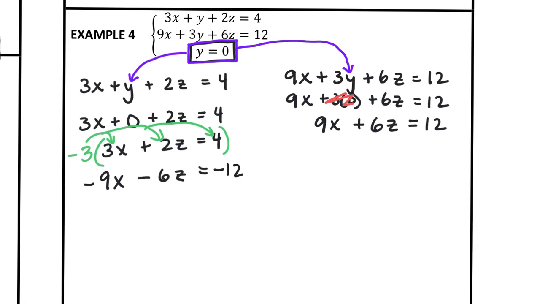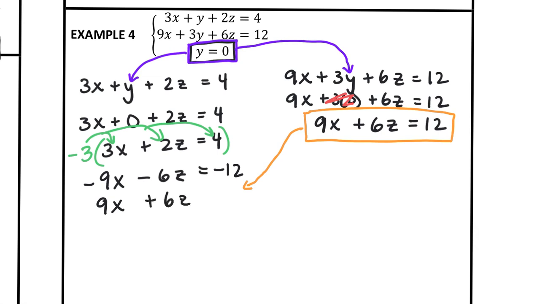Okay, so following the pattern we've been doing, we've been taking the equation on the right and putting it under the equation on the left. So I'm going to copy the 9x, copy the 6z on the right, and equals 12. And then we've been adding these two equations, right?